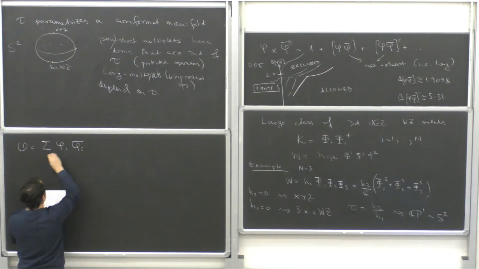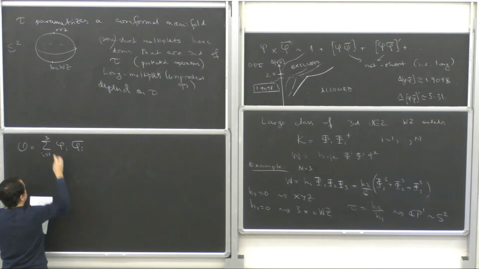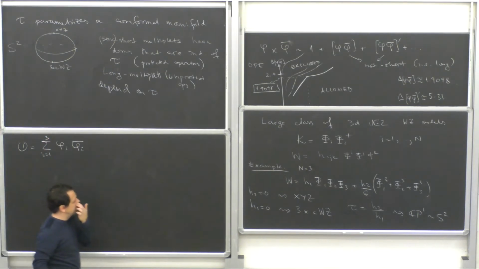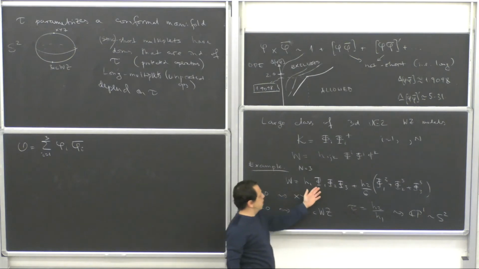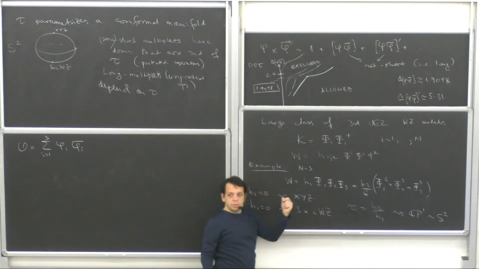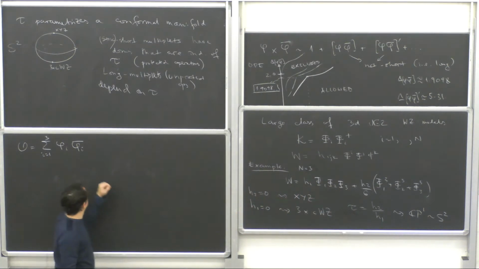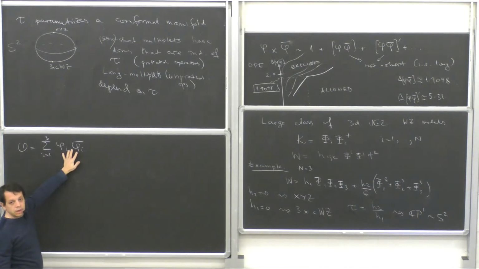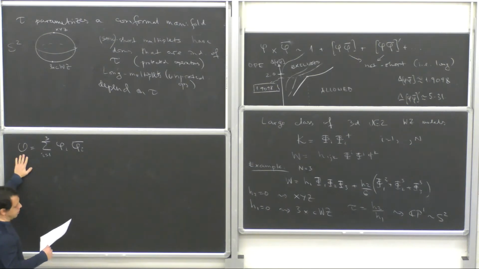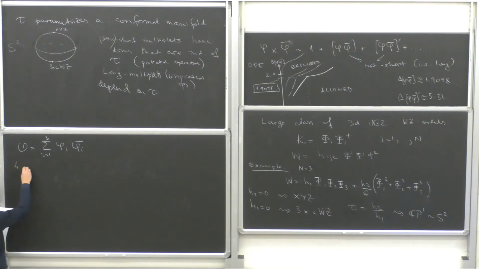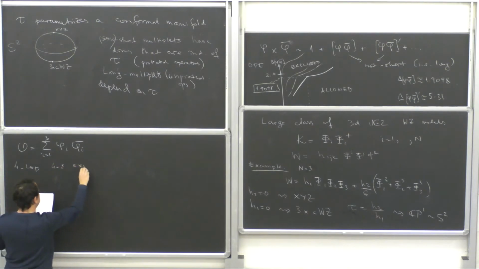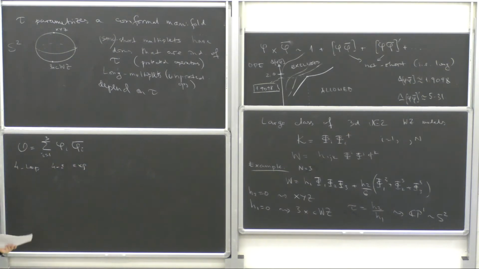I take the complex scalar fields out of each of these chiral superfields, and its conjugate, I multiply them, and then I sum over I. And so you can do a four loop epsilon expansion, because why not?